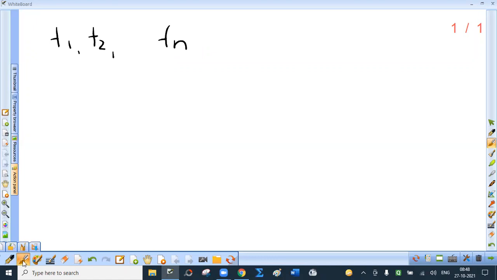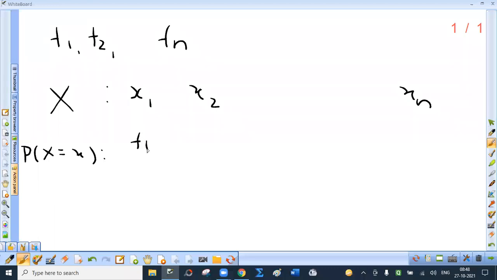Okay, so I write the probability distribution as: these are the values of random variable, x1, x2 up to xn. Then in the second row, we write probabilities. Out of total sample points, which we denote by sigma f or capital N, f1 are in favor of x1. So what is the probability?